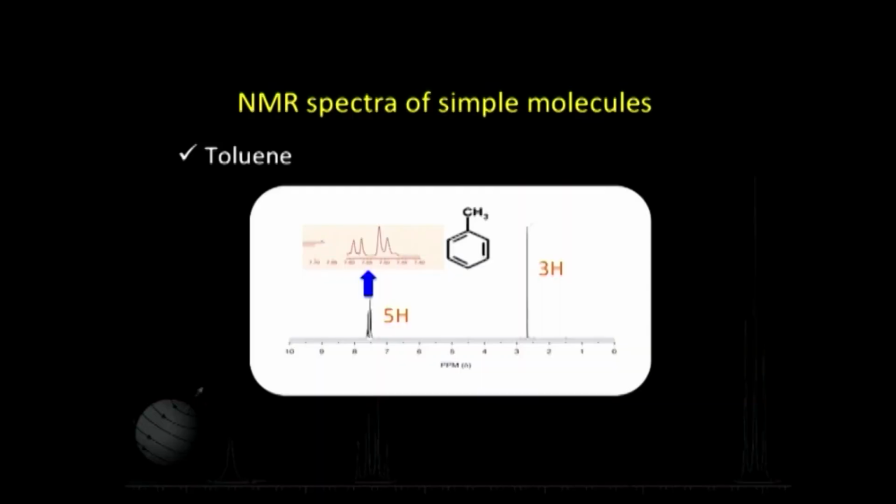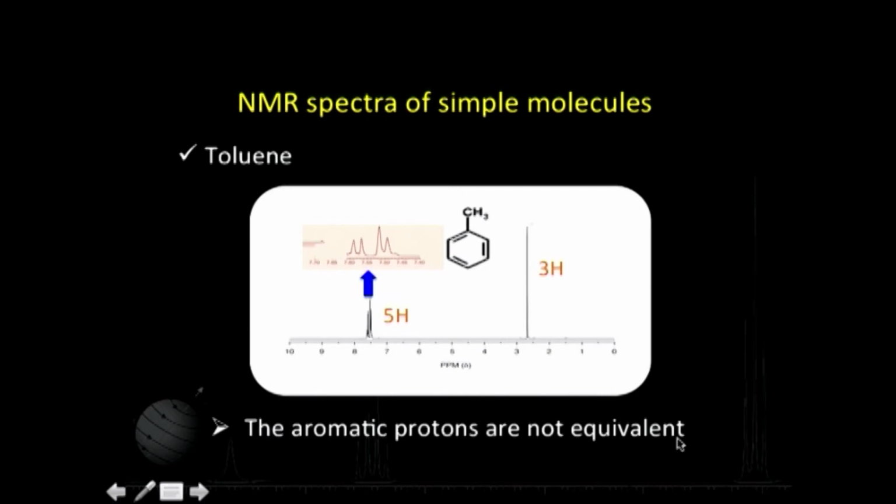Please keep all these things in mind, because they will become very useful when you try to interpret spectra, but that we will be doing in the next session. Okay. Let us go further. Look at toluene, because we just mentioned we have got 2 line spectra there. What you find is, if I go to a little higher resolution spectrum, I find that these aromatic protons are not equivalent.